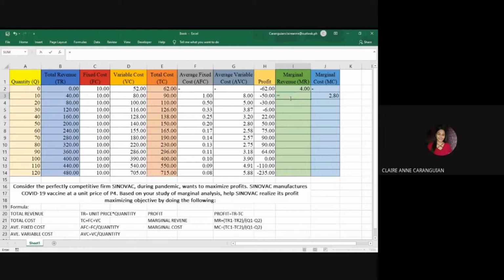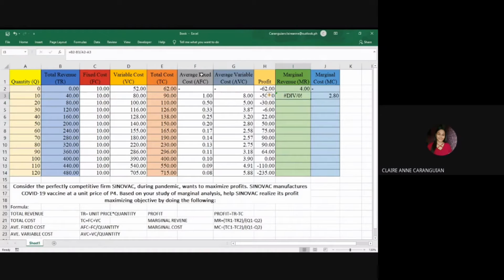We're going to formulate: quantity 1 less, sorry, total revenue 1 less total revenue 2 divided by quantity 1 less quantity 2.